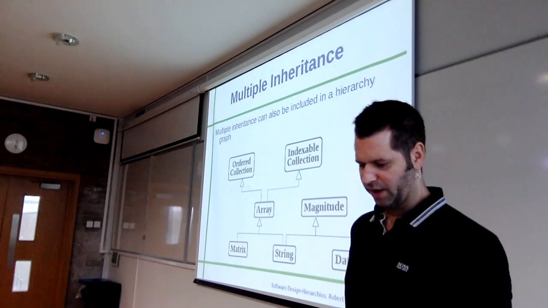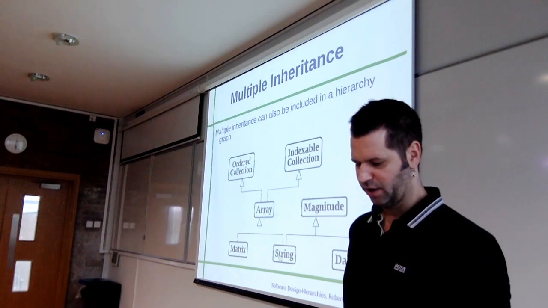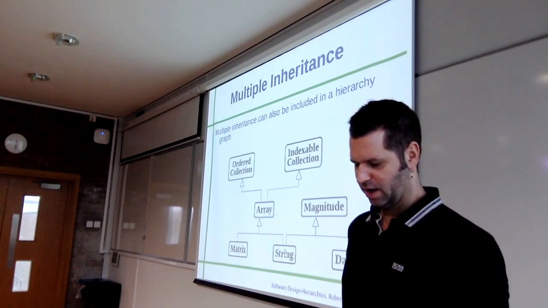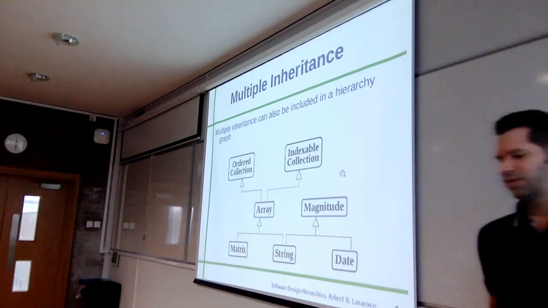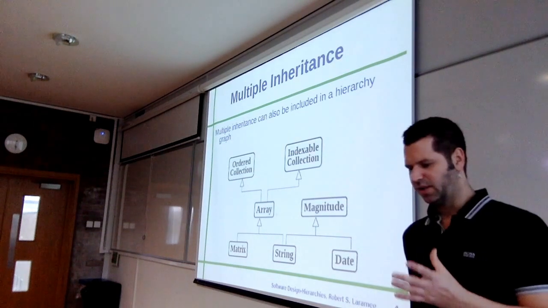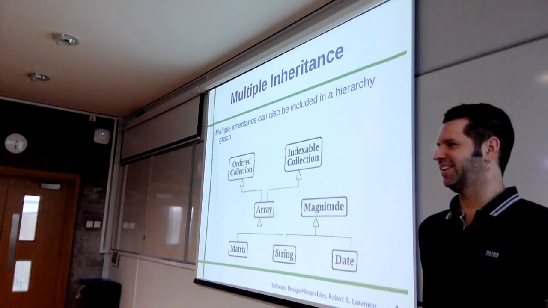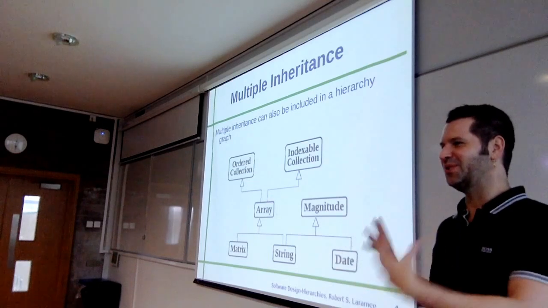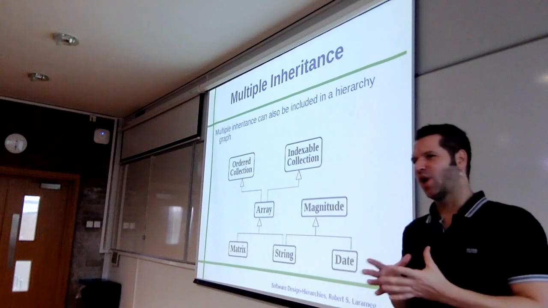So an array is a kind of ordered collection, an array is a kind of indexable collection, and a matrix is a kind of array, a string is a kind of array, and a string is a kind of magnitude, and a date is a kind of magnitude. This is an example of multiple inheritance. It's really, really bad. This example is really bad. So don't use this. Multiple inheritance is generally not a good idea.